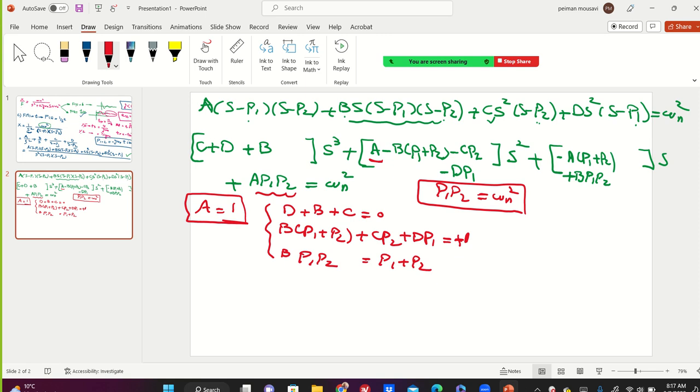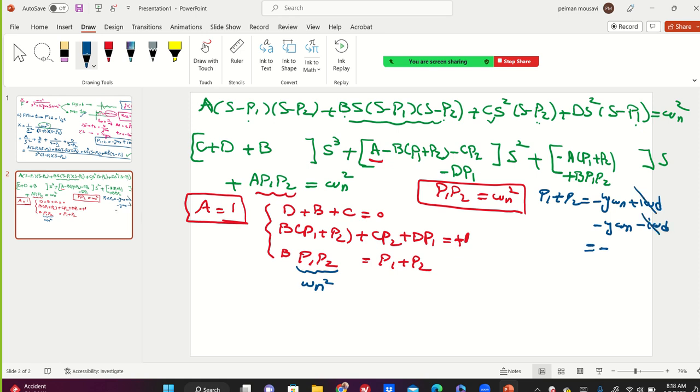So, you know that this is omega n square. And the P1 plus P2 means zeta omega n plus i omega d and minus zeta omega n minus i omega d.